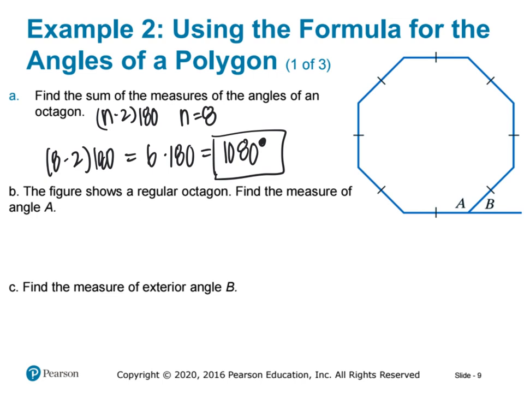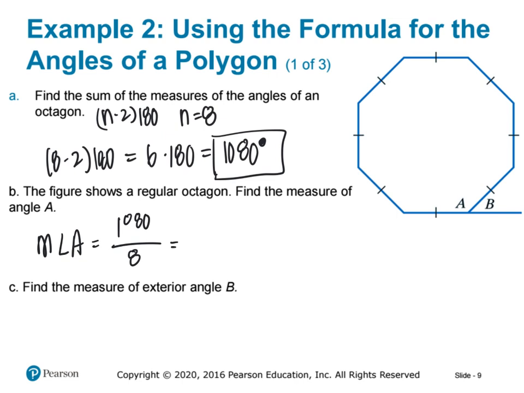All right, so we want to find the measure of angle A. So the measure of angle A is equal to 1,080 divided by 8, because that's how many angles we have.